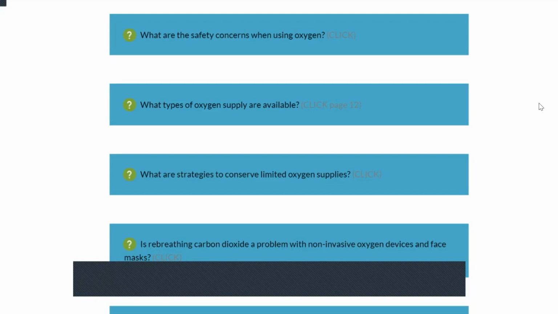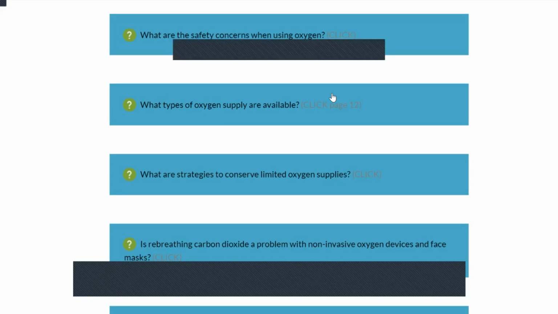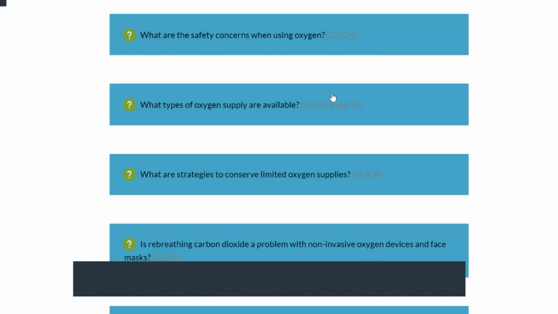We also need to think about whether there is any contaminant in our oxygen, for example any oil mixed with it. The other issue is any leakage of oxygen, so you are losing oxygen and wasting the supply. We need to make sure the oxygen is well closed, with properly fitted regulators and flow meters.